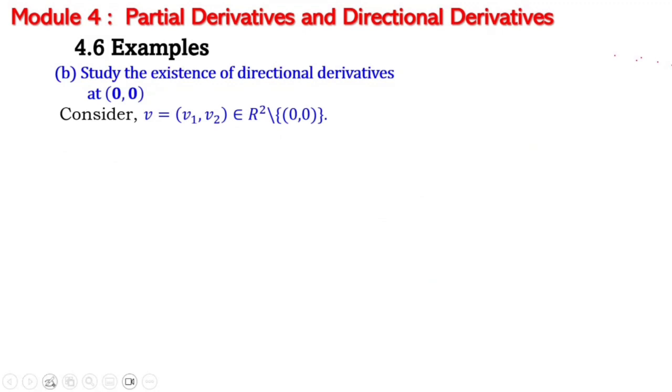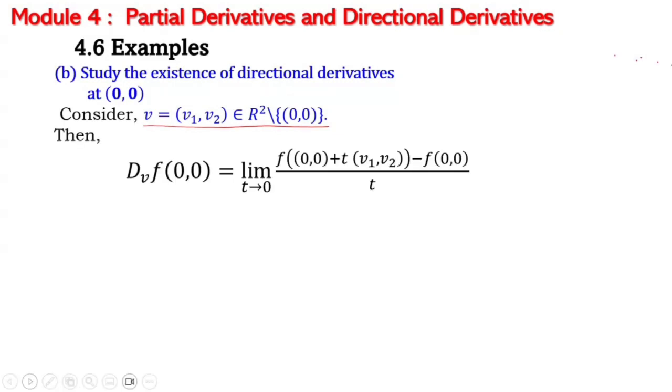For that, we consider a vector v = (v1, v2) in R^2 except (0,0), so any nonzero vector. Now we are going to find the directional derivative in the direction of v. So we recall the definition of the directional derivative.